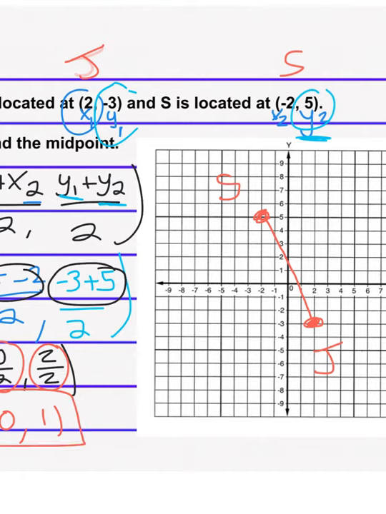So here's my answer, (0, 1). I'll highlight that (0, 1) is the midpoint. If I go back to my graph, my line wasn't perfectly straight, but (0, 1) does seem like the midpoint. So we added our x's, divided by 2, added the y's, divided by 2.